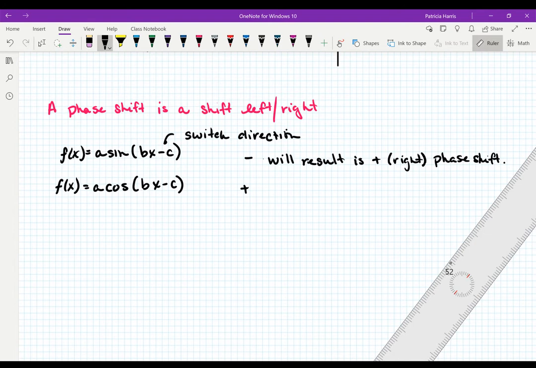Okay, and a positive will result in a negative or left phase shift. Okay.